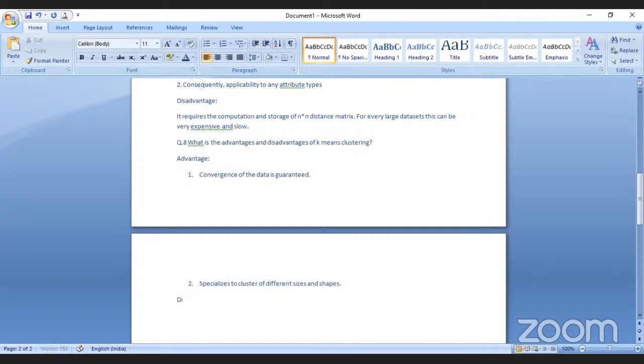So what is the disadvantage? Here we have the k value. The k value is nothing but the number of clusters which we need to pre-specify.